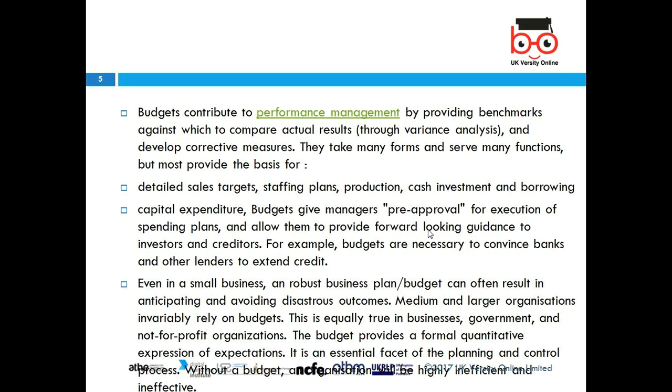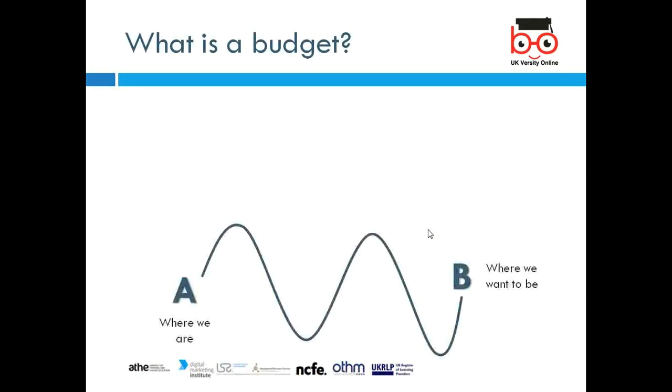If my sales are going up, increasing, I need more production. I need to buy more stock. I need more workers. If my business is growing, all this is based on our sales forecast. Even in a small business, a robust business plan budget can often result in anticipating and avoiding adverse outcomes, and medium and larger, whatever the size of the organization, all need a budget.